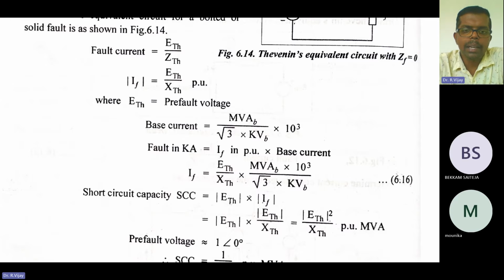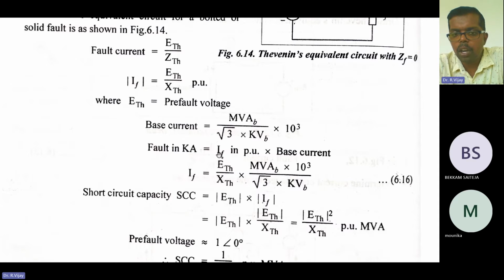Here we are taking the base current in kilo amperes, so we take the same scale. Sometimes if you want to change, you can change, but the base values need to be changed accordingly, since that is a per unit value.